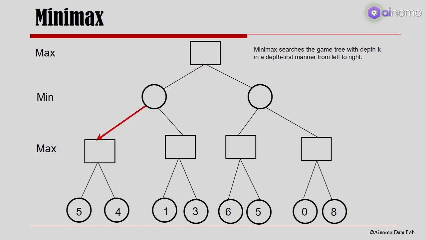It comes to the max layer, one level down, and finally arrives at the leaf node. Thereafter, it gets the value of the leaf node, which is marked 5 at that point. So that is backed up one level and we get 5 there.